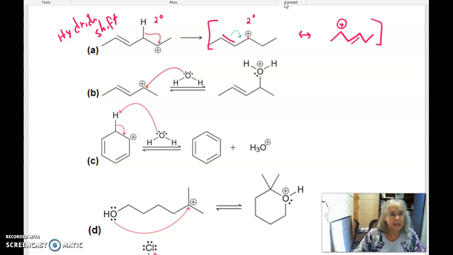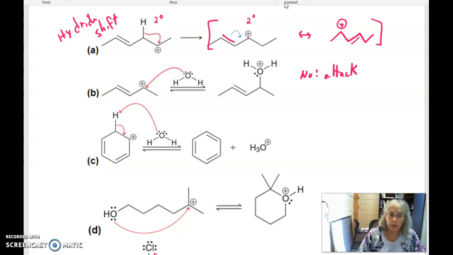Okay, so let's look at B. Here we have a nucleophile. We've got electrons attacking an electrophile. And so this is a nucleophilic attack. Here we have an electrophile attacking a proton.